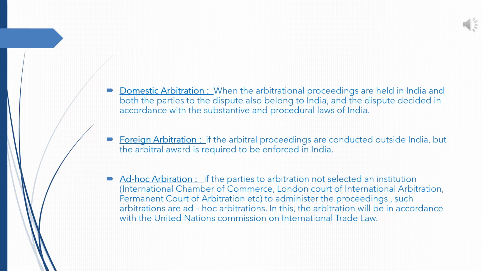Then we can say that yes, these are ad hoc arbitrations. What is the specialty in this case? In ad hoc arbitration, the arbitration will be done in accordance with the United Nations Commission on International Trade Law.